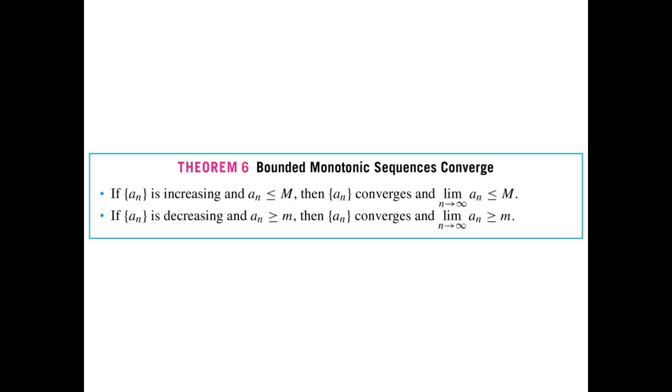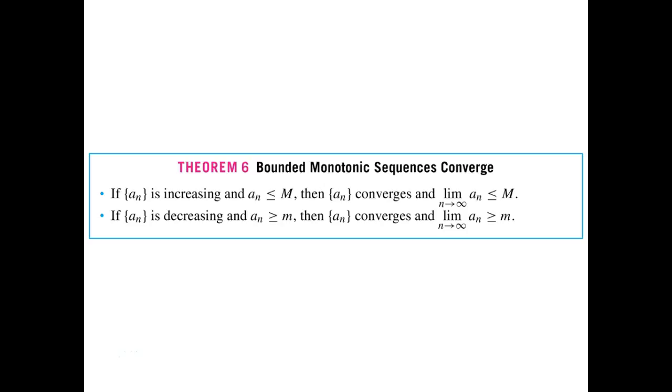So if a sub n is monotonically increasing, and a sub n is less than or equal to M, so you have some bound there, then a sub n converges, and the limit is also less than or equal to M. It may be M, but it's definitely going to be less than or equal to if it's bounded by that M. If a sub n is a decreasing function, and let's call it a monotonically decreasing function, meaning every term is less than the previous term.